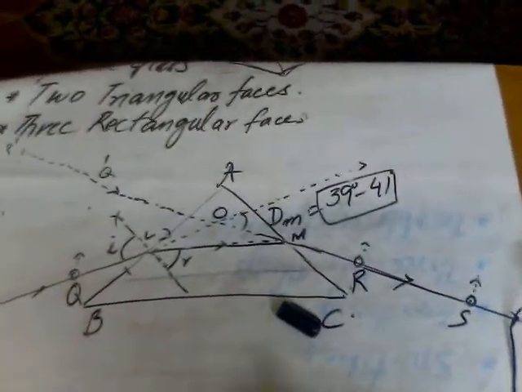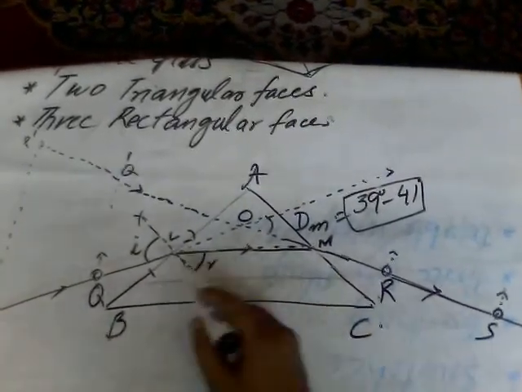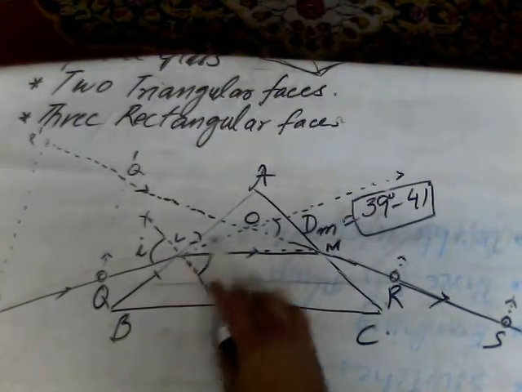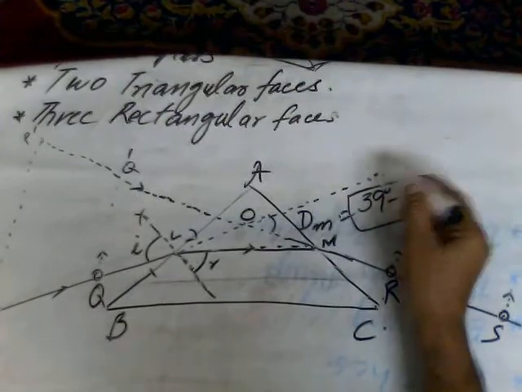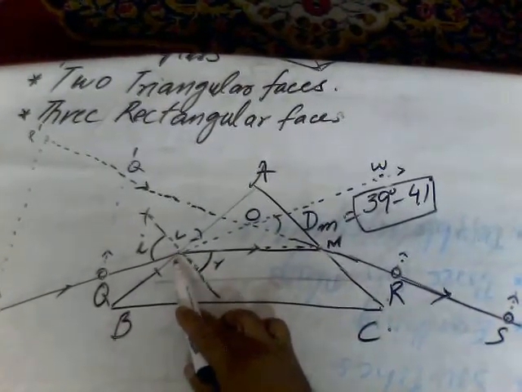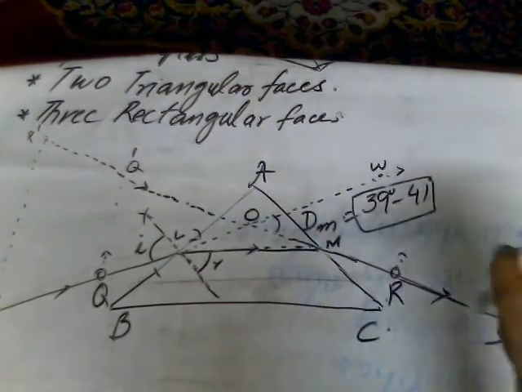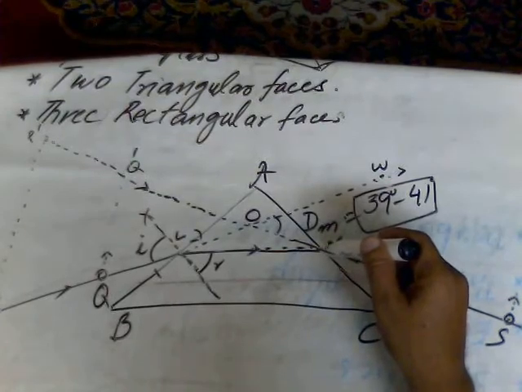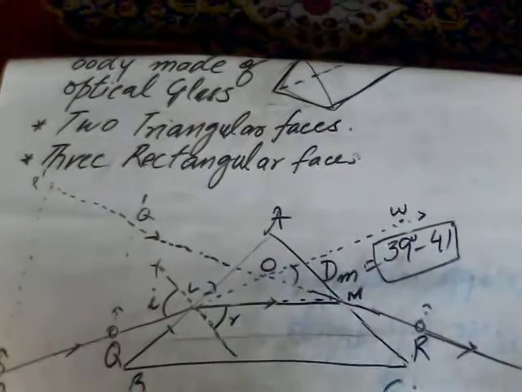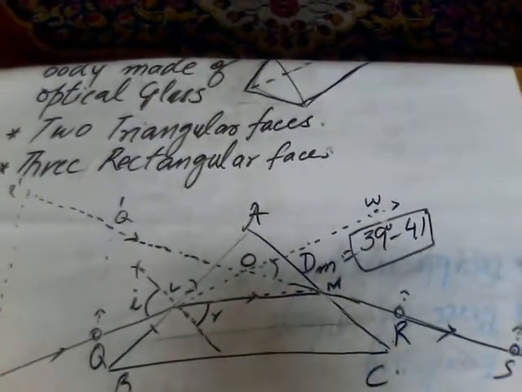When we join all these four straight, these imaginary light rays go from L, O and further here, let it be W, and from M, O, Q dash and P dash.